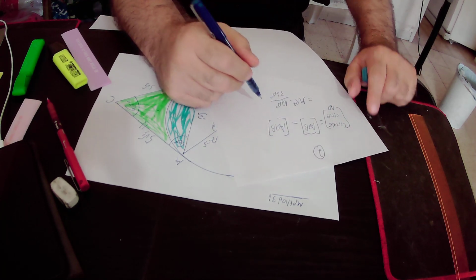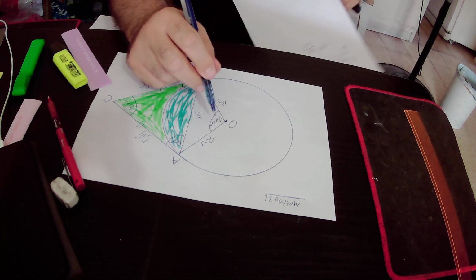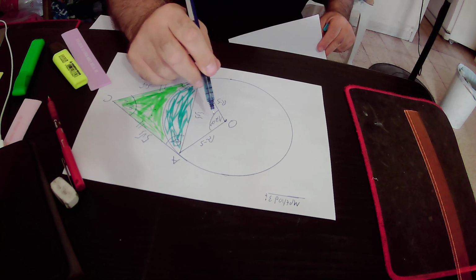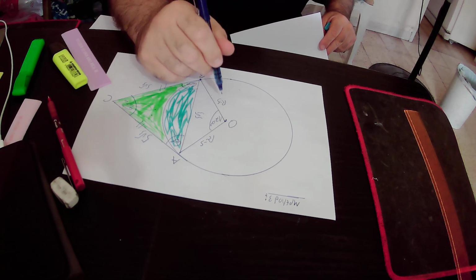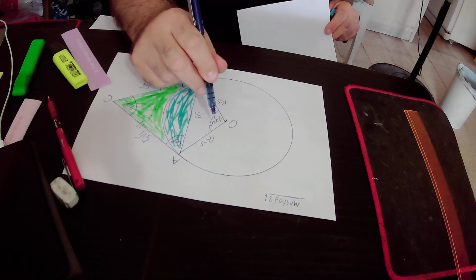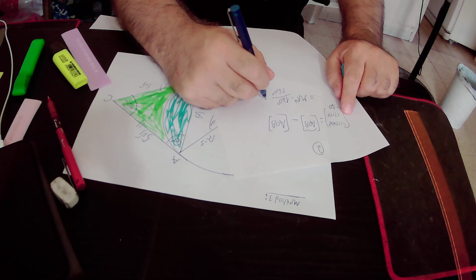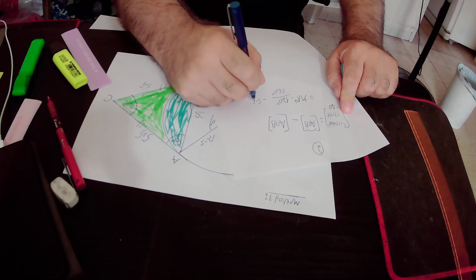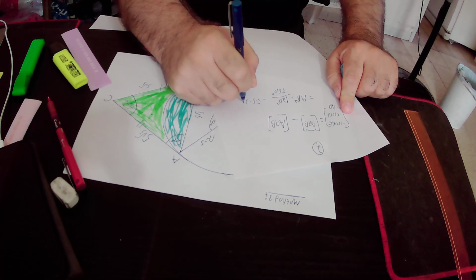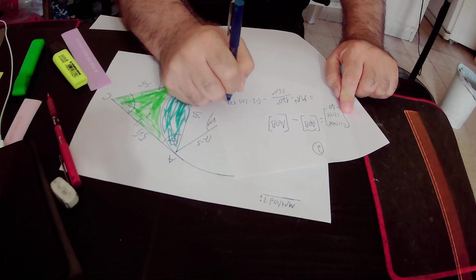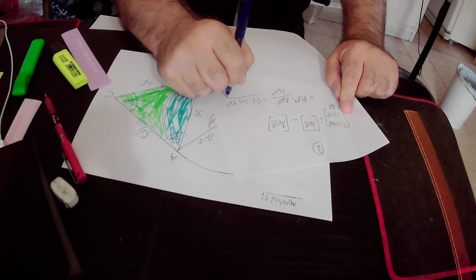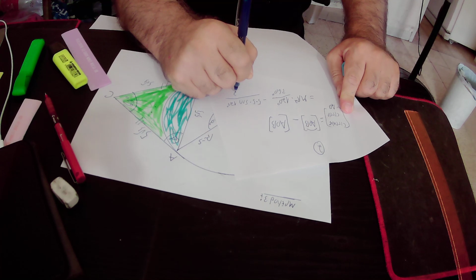And what is the area of triangle AOB according to the formula that I gave to you? It equals 5 times 5 times sine 120 degrees over 2. Okay?